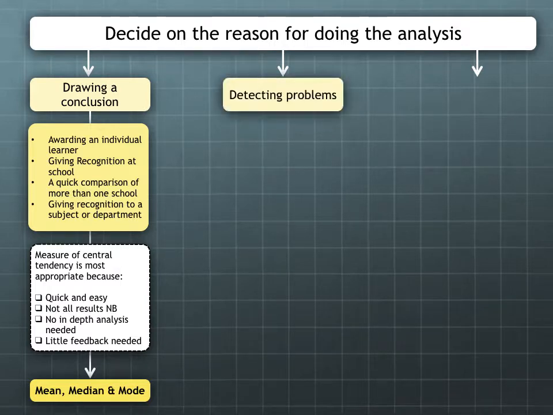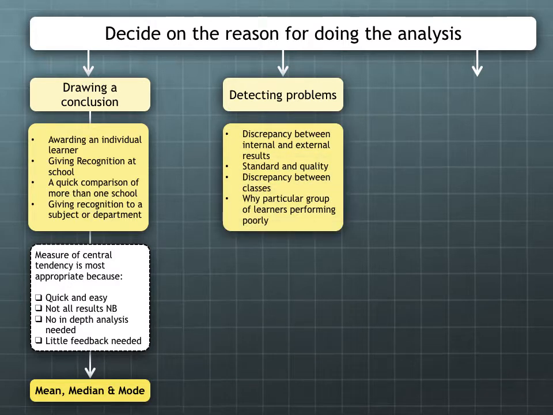Now, another reason would be to detect problems. So you might have a situation when management or teachers are aware that there might be a problem in either the teaching, learning, or assessment process, and they need to use the data to detect this actual problem. Examples of this could be comparing results with another school or department with detail and information, determining why there's a discrepancy between internal and external results, detect problems and irregularities in an assessment process.